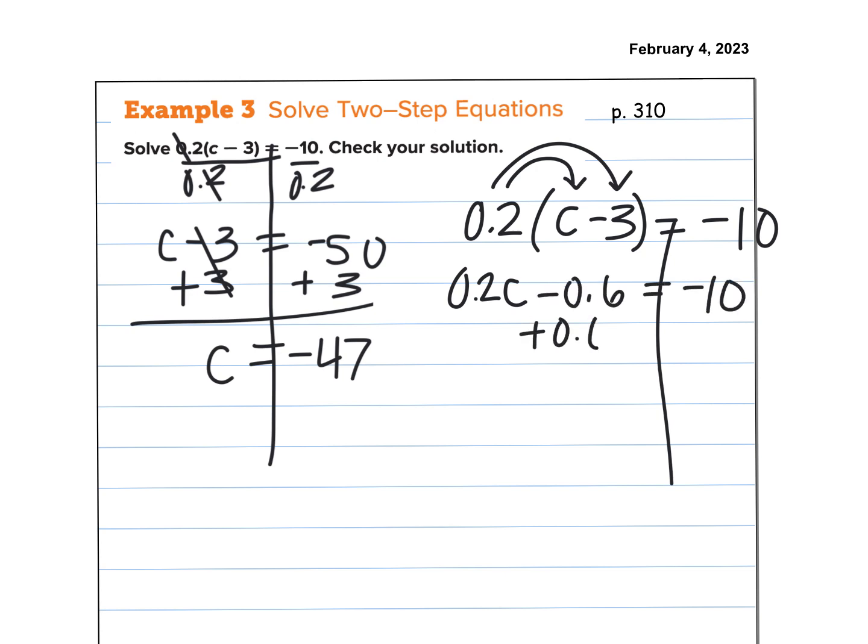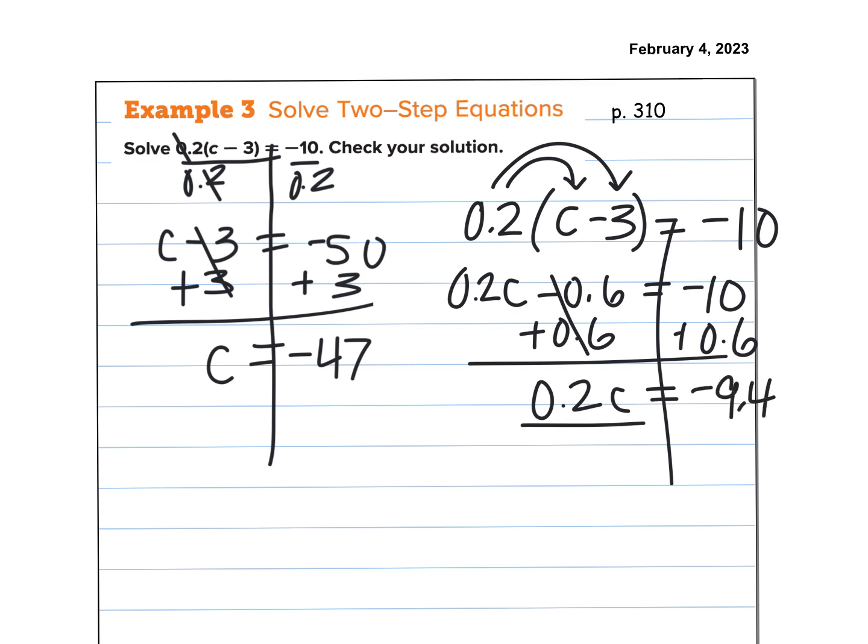And then I would add 0.6 to both sides. That cancels. I get 0.2c equals, if I do 10 take away 0.6, I end up with negative 9.4, and then lastly, I would divide by 0.2 on both sides, and I end up with c equals negative 47.